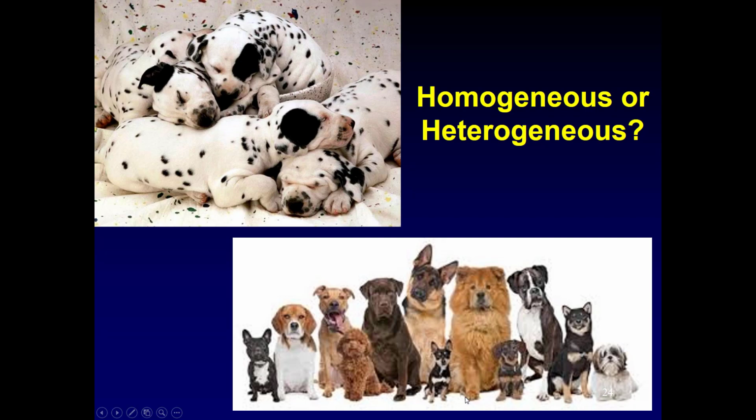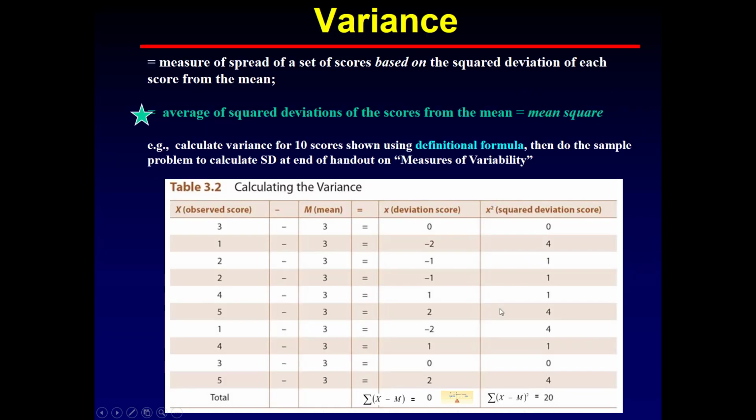This group of dogs will have a higher standard deviation and variance because there's more deviation from the average than this group of dogs where everyone is fairly similar. There's little deviation, little spread. The standard deviation of the height of these dogs is going to be very low because they're all very homogeneous, especially when compared to this group.